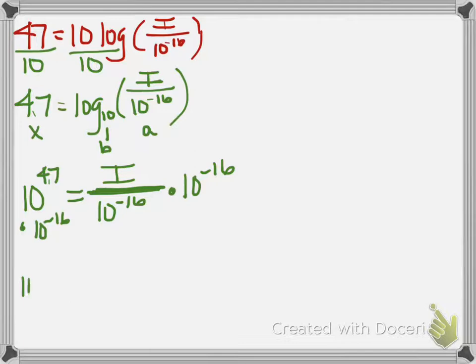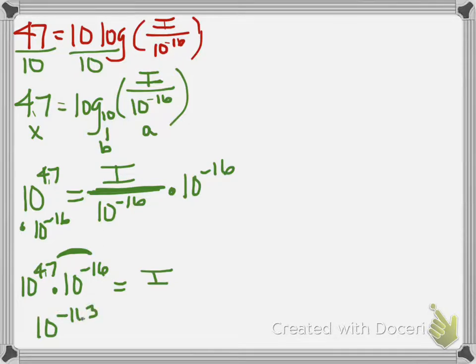So I get 10 to the 4.7 power times 10 to the negative 16th equals I. Adding 4.7 and negative 16, because we have the same base, gives me 10 to the negative 11.3 power.